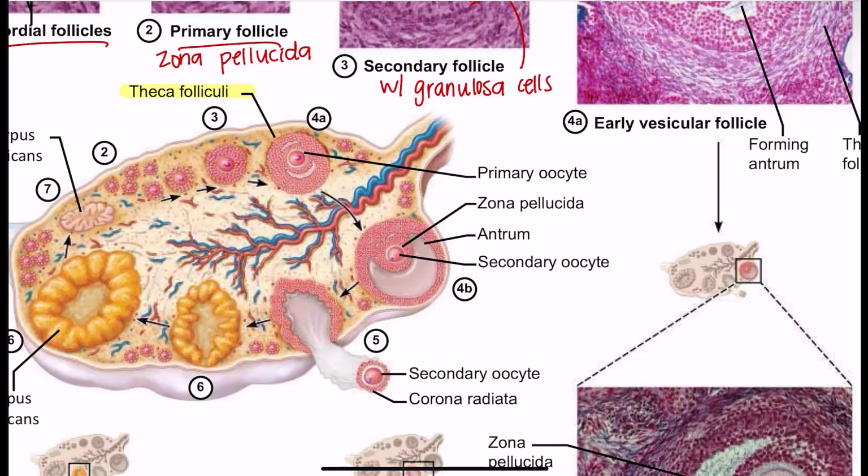Hormone activity will guide its further development. And when those granulosa cells get to be thick enough, they get a special name. Those cells on the outside are called corona radiata.